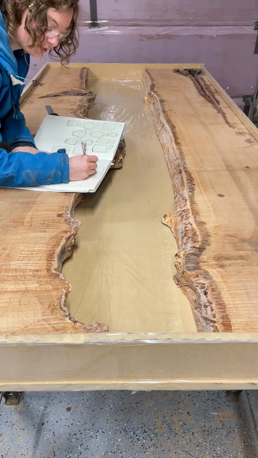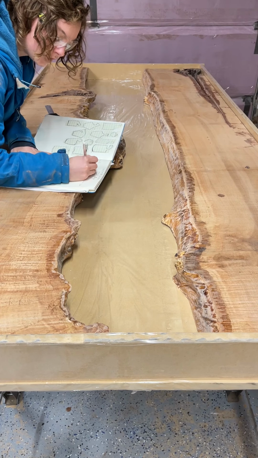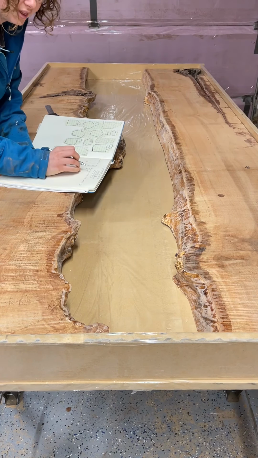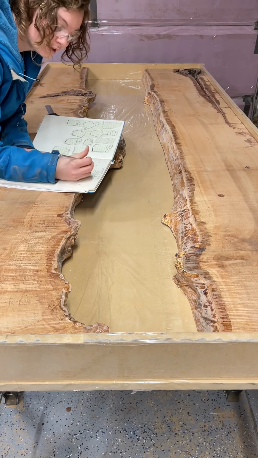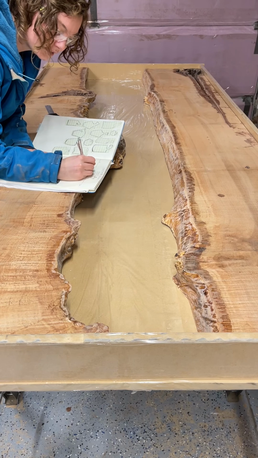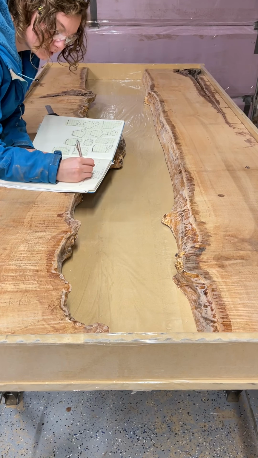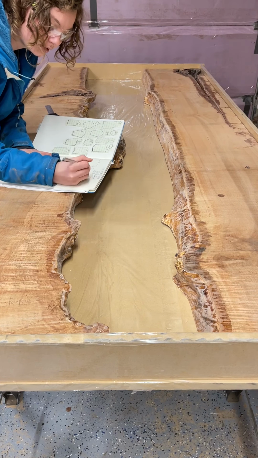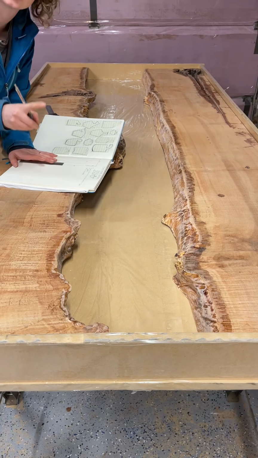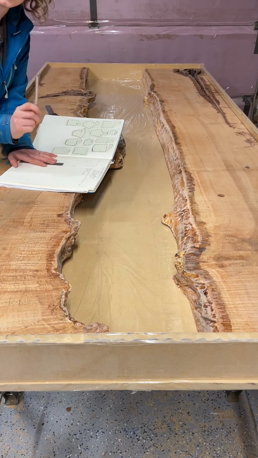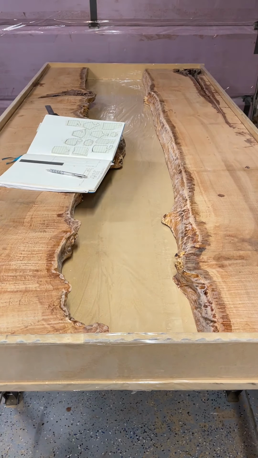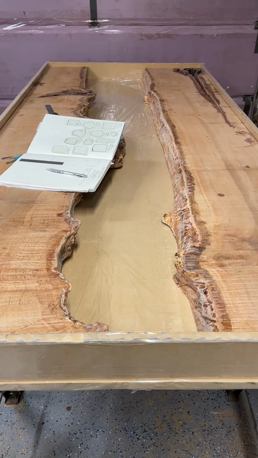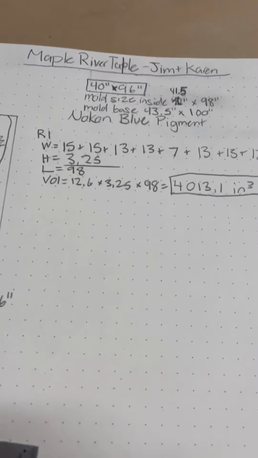So then, to find the volume, I'm going to do width times height times length, which is 12.6 times 3.25 times 98. And then we will find the volume in inches cubed. However, I need to use a calculator again. So here's what the calculation looks like.